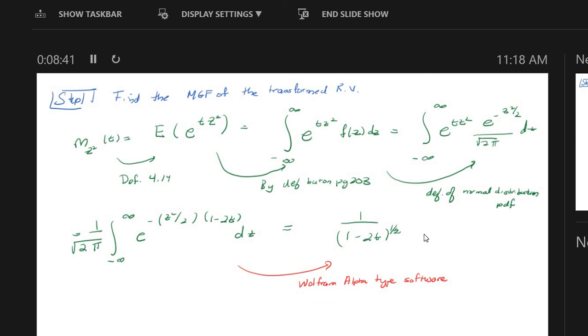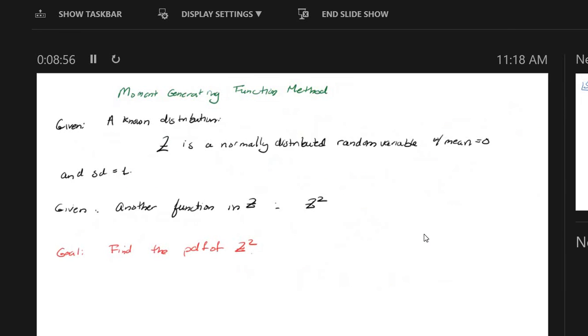But that's a good point. What if you went with the moment generating function method and it turns out to be a rabbit hole because you get to this point and there's nothing in the back of the book? I think anytime that you have normal distribution, gamma distribution, any one of those known ones, and they have a nice continuous transformation, like this is a parabola, they're just transforming it.